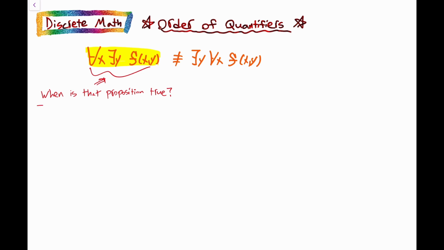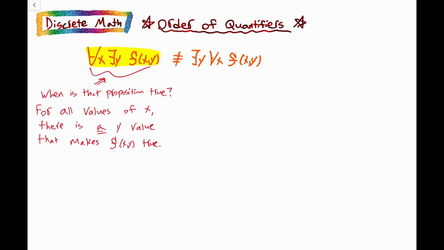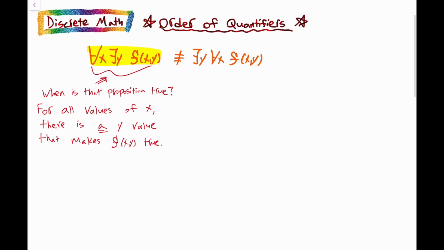And so, we can say for all values of x, there is a y value that makes f of xy true. So for all values of x, we have a y value that makes f of xy true.